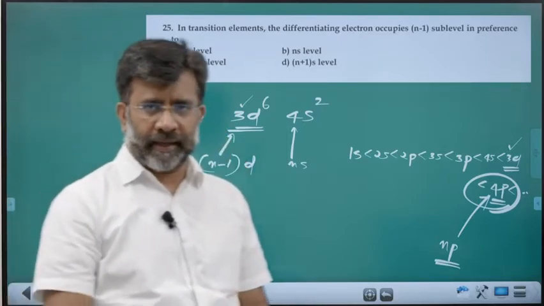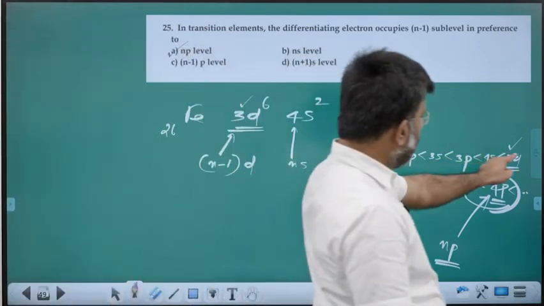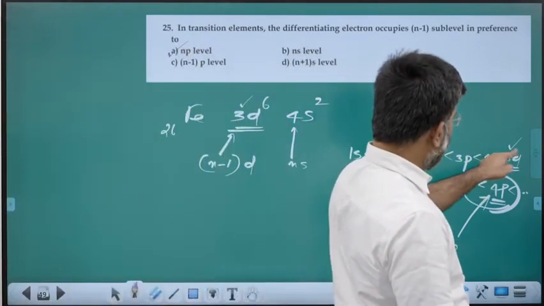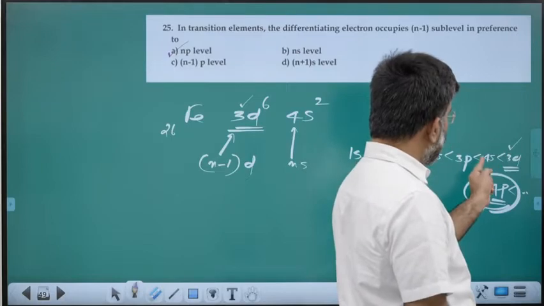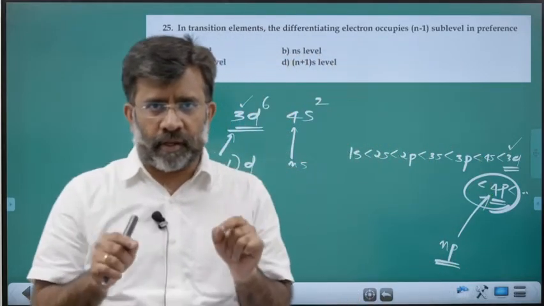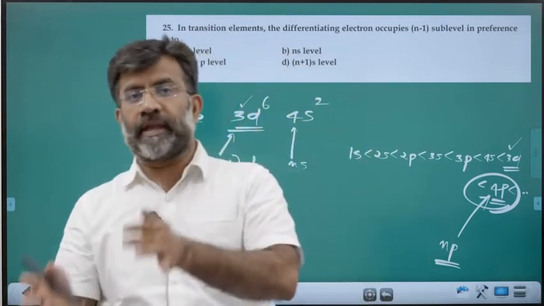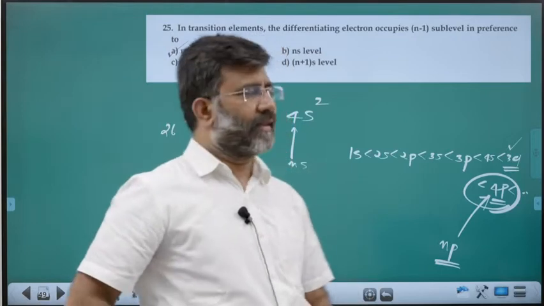Option A. So it is filled in preference to 4p and after 4s. So n-1 d filling occurs after ns and before np. Next.